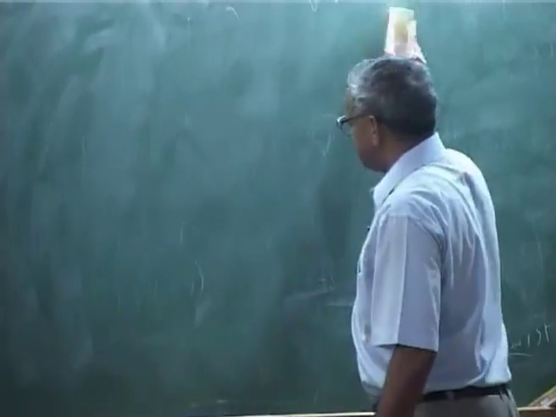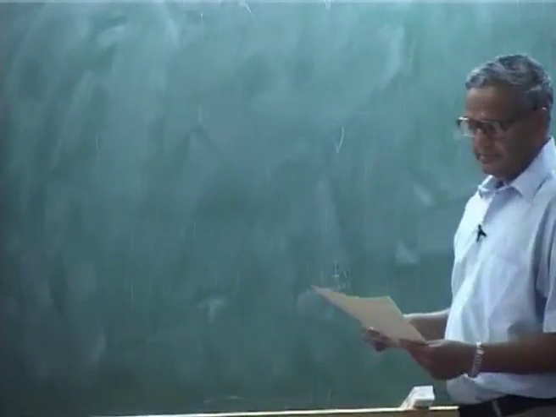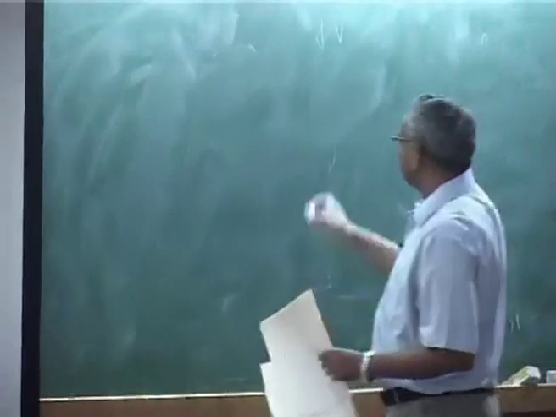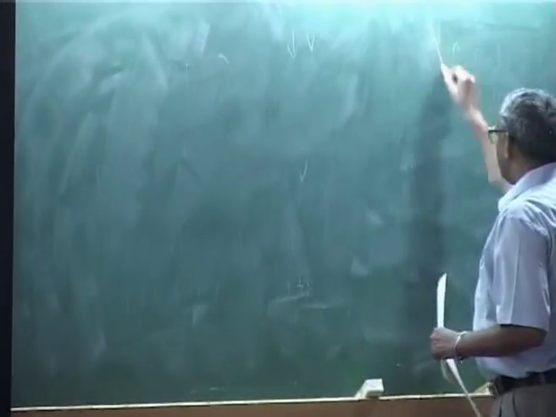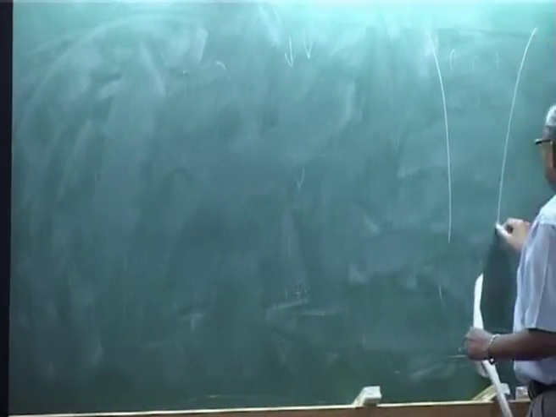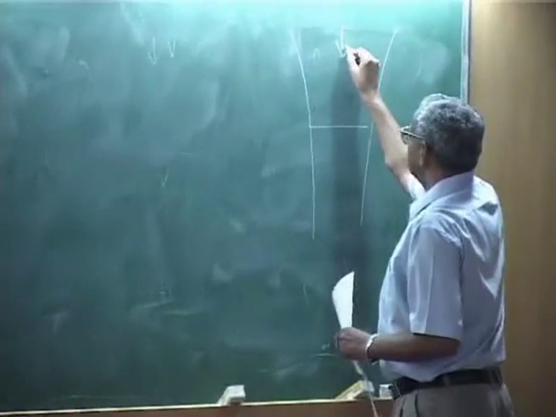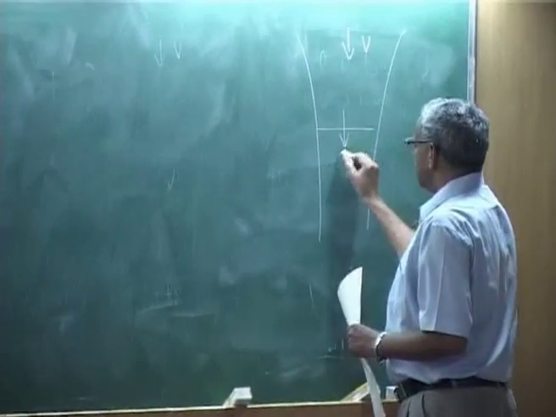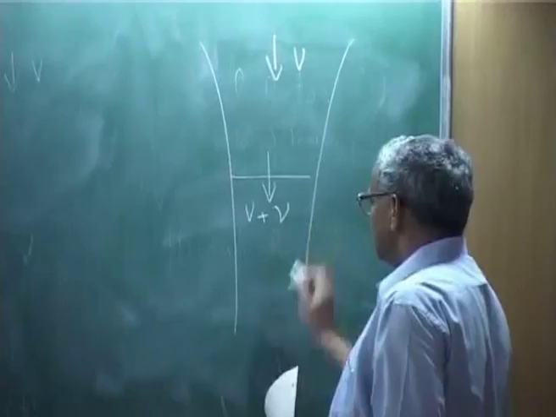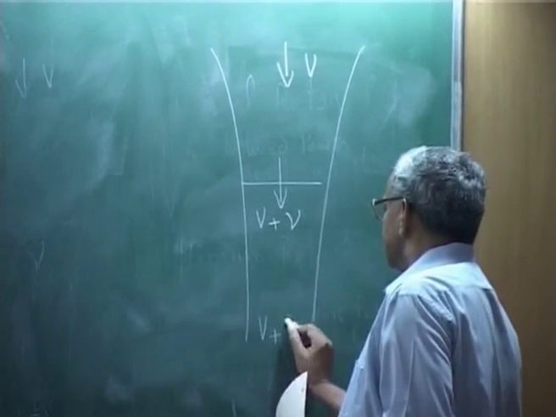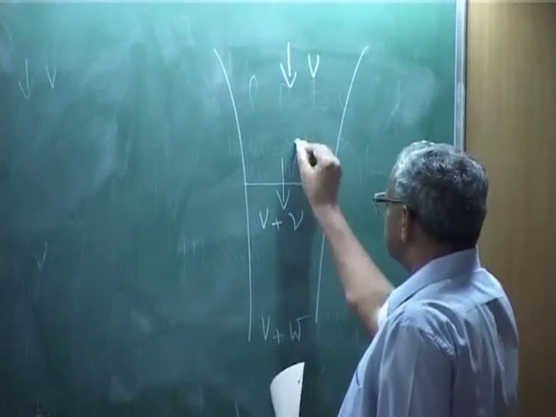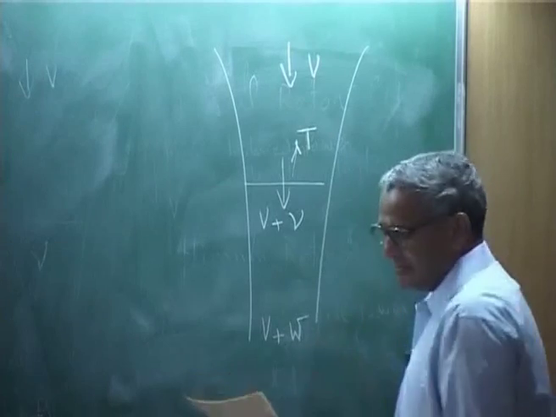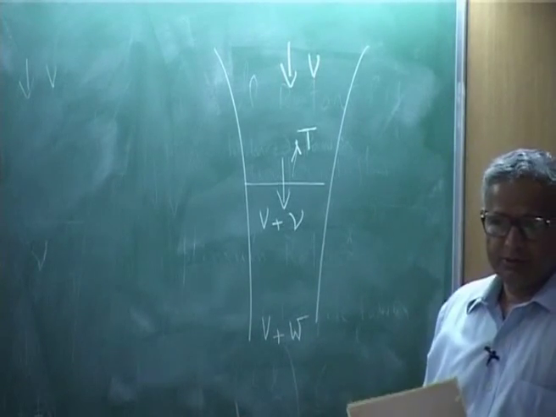which is identical to what we derived earlier. Okay. This flow is coming with V, here it is V plus nu, here V plus W, and thrust is T. Okay.